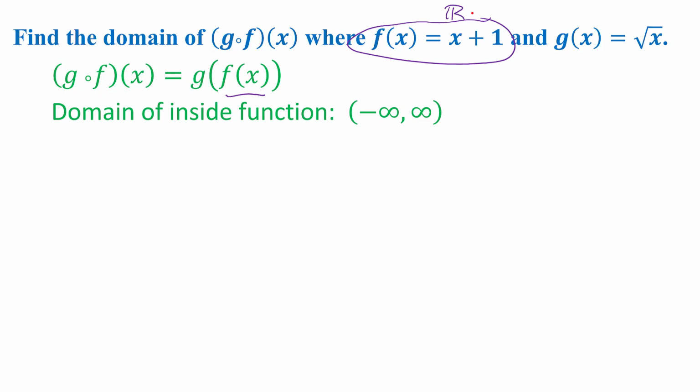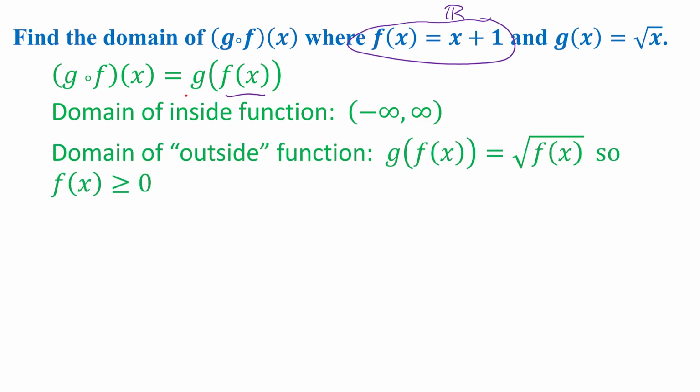And then I look at my outside function. G here is my outside function. The domain of the outside function, g of f of x, is, well, what am I doing with g of x? I'm taking the square root of x. So g of x is equal to the square root of x. If I'm looking at g of f of x, I'm taking the square root of f of x.